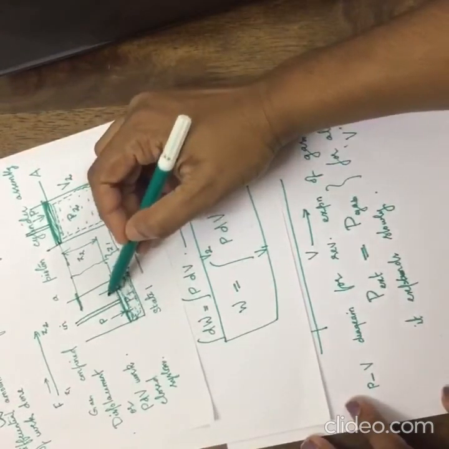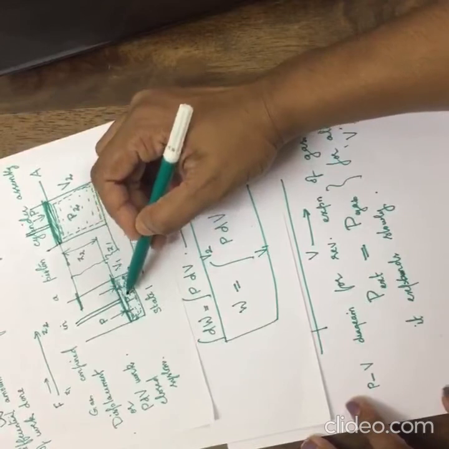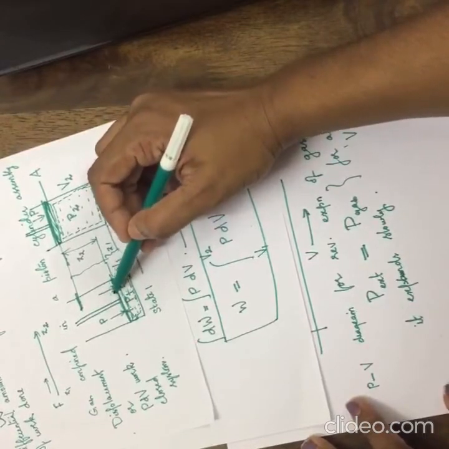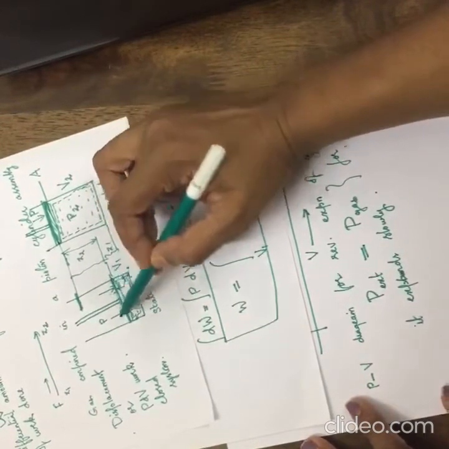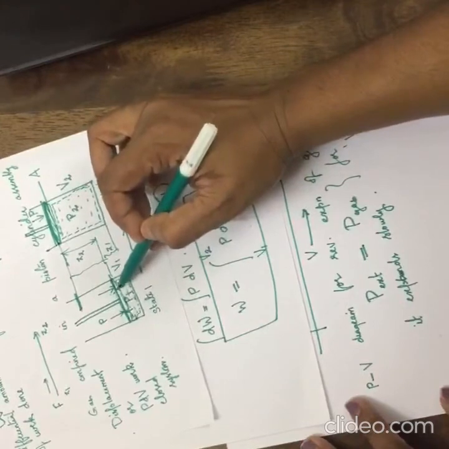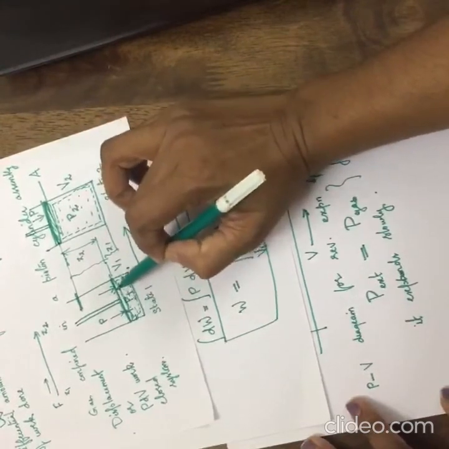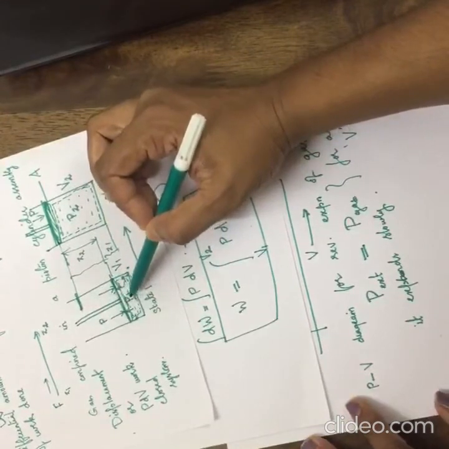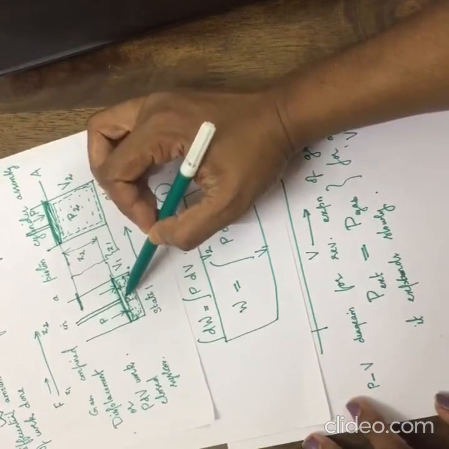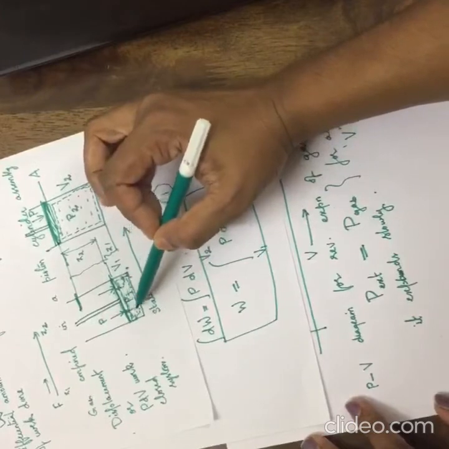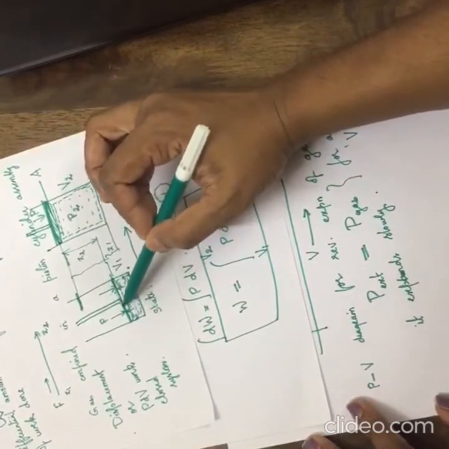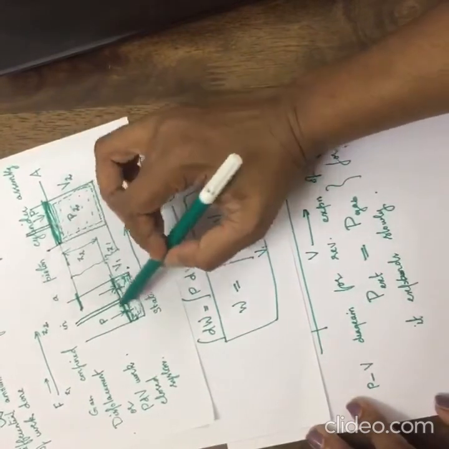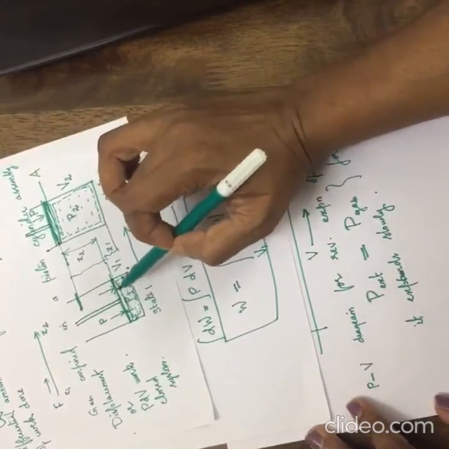It is actually expanding slowly, which means there will be an infinitesimally small pressure gradient between the external point on the surface of the piston and the inner point on the inner surface of the piston. So once the external pressure P is equal to the pressure exerted by the gas, there will be an infinitesimally small pressure gradient, close to the system pressure or the pressure of the gas.